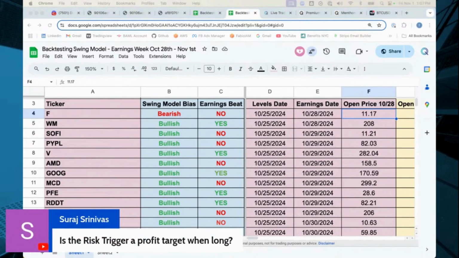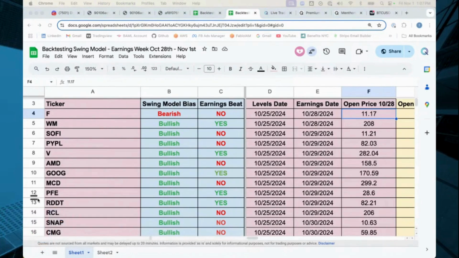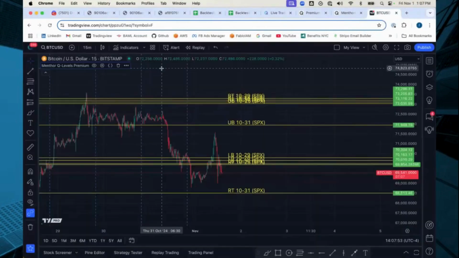So that's a good question, Suraj. The risk trigger, consider it as a target for sure, but it could also be an inflection point, because as we said, the goal of these levels is not only to give you the volatility of that time frame, but also the direction.